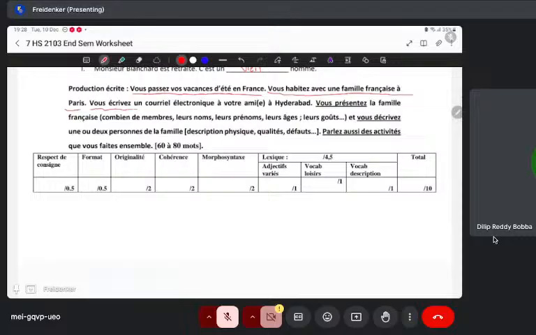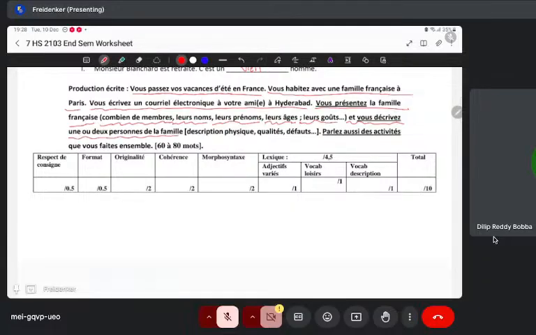You're writing an email to your friend in Hyderabad. You are presenting the French family that you're living with. And when you're presenting, what is the information that you're supposed to cover? How many members are there? What are their names? What are their prénoms? What are their ages? What are their likes, dislikes, tastes, and all of this? And you're also supposed to describe one or two people in the family.